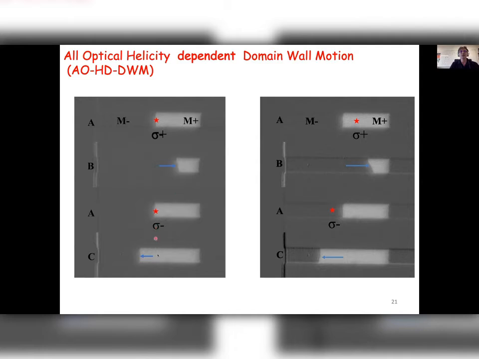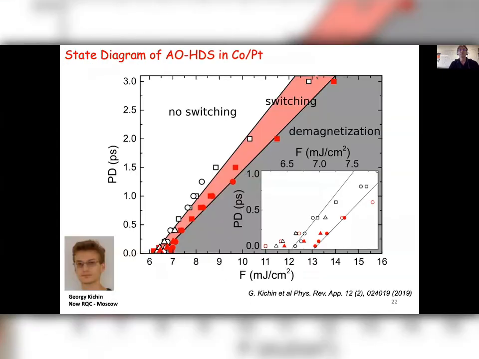If you use the other helicity, it goes in another direction. And again, if we shine the laser not on the domain wall but inside the domain, you can have even larger domain wall motion. So we're still in the process of understanding exactly what's happening during the first process, but helicity-dependent domain wall motion certainly plays a big role.